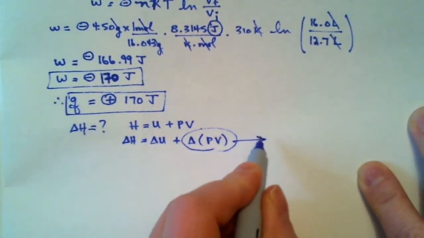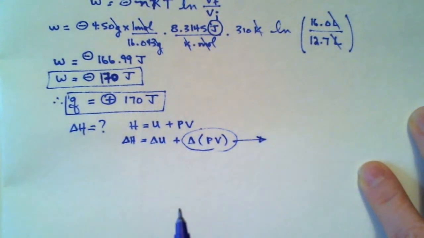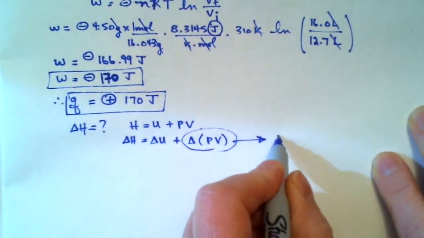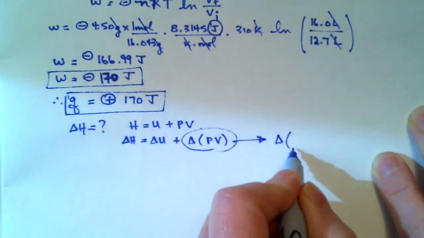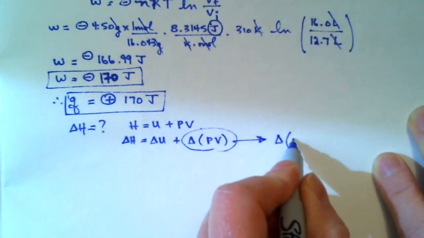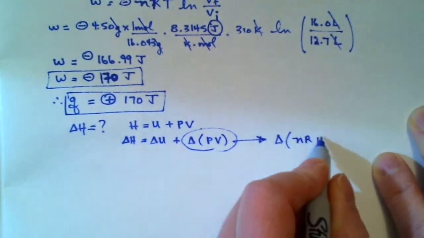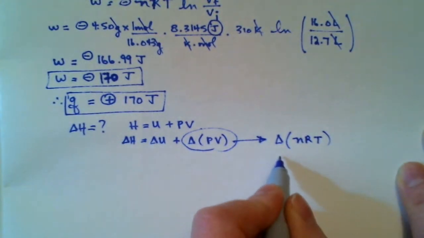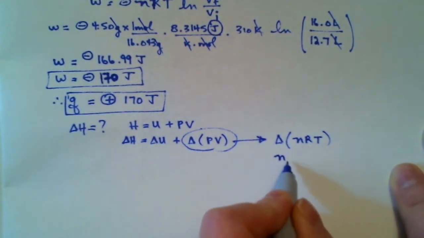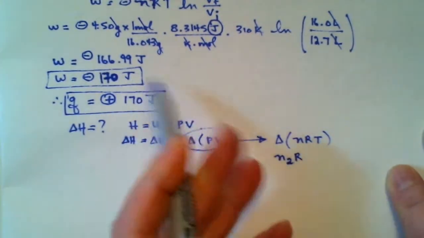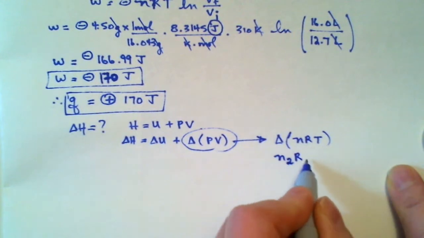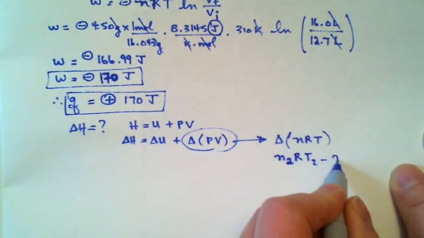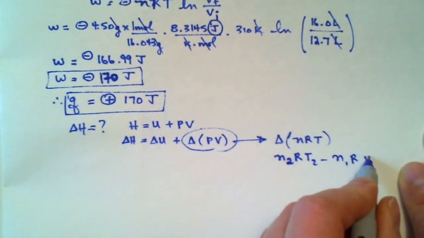But because this is a perfect gas, I can exchange the PV for an nRT because they are the same. And that implies n2 R T2 minus n1 R T1, where R is a constant.